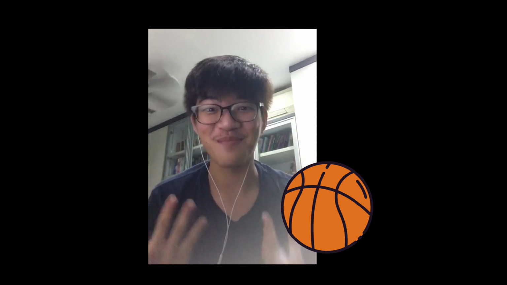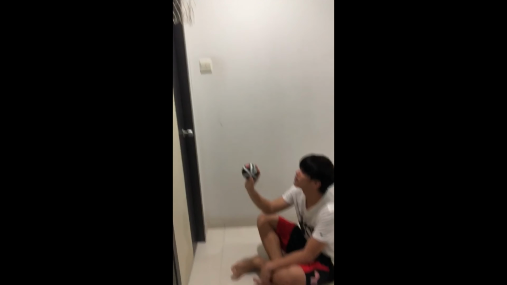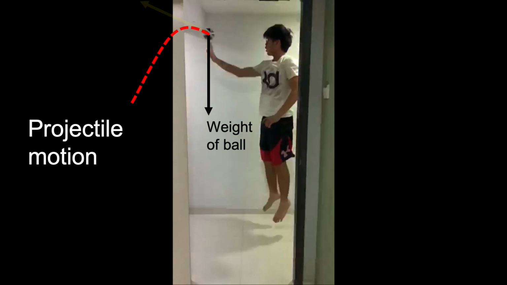If he shot the ball with only a horizontal motion, it will look something like this. Therefore, a ball is shot in a parabolic path in basketball.